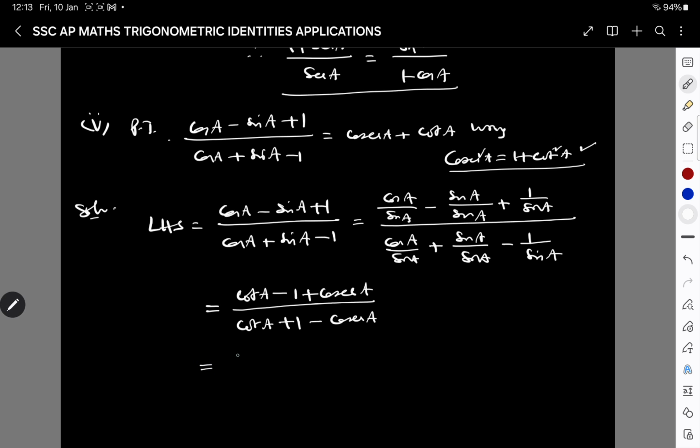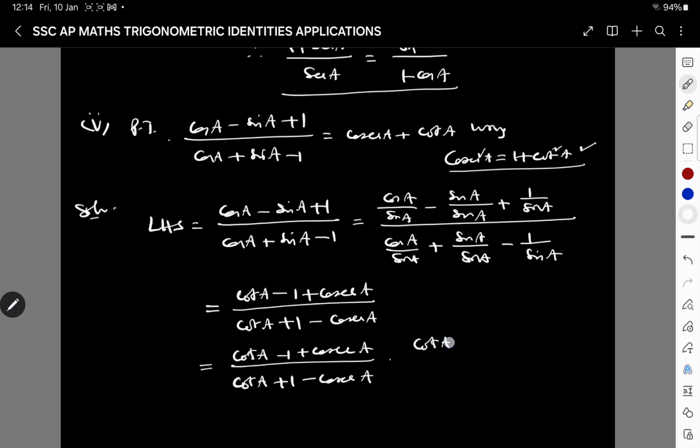So this is equal to cot A minus 1 plus cosecant A by cot A plus 1 minus cosecant A. Numerator and denominator are multiplied by the same here. In the previous case, we multiplied by tan minus secant. Let us multiply numerator and denominator by cot minus cosecant.